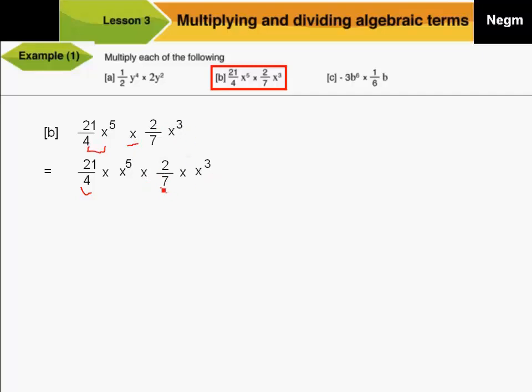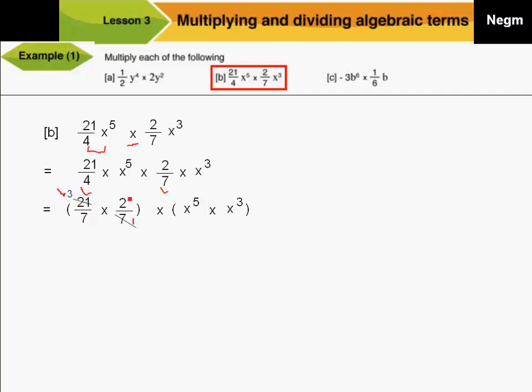We will take the multiplication of the numbers together between two brackets, times the symbols together between two brackets, x to power 5 times x to power 3. Here, before multiplication, we can make a simplification: 7 divided by 7 is 1, 21 divided by 7 is 3.